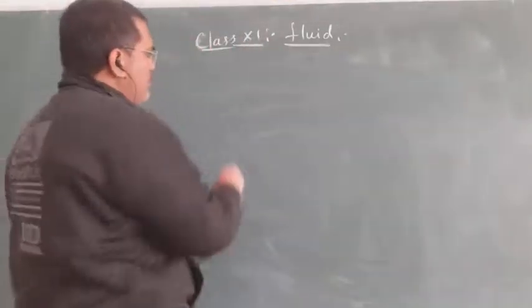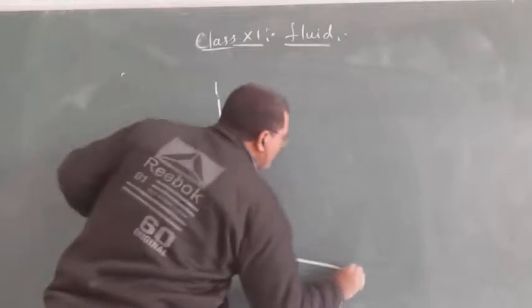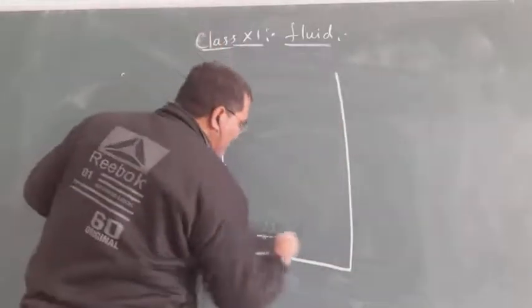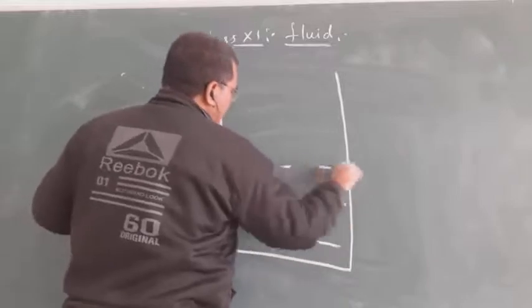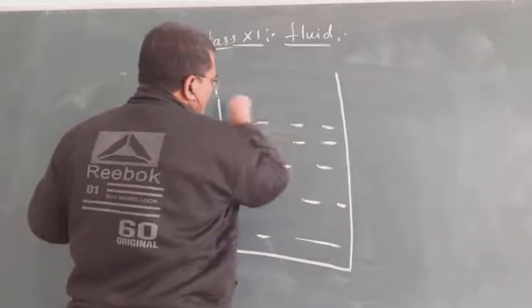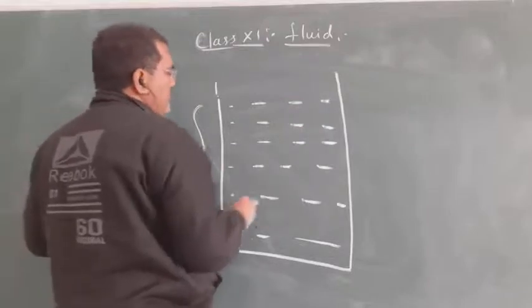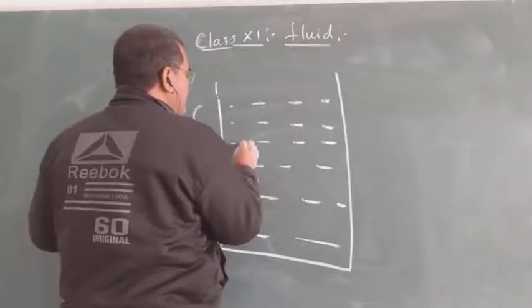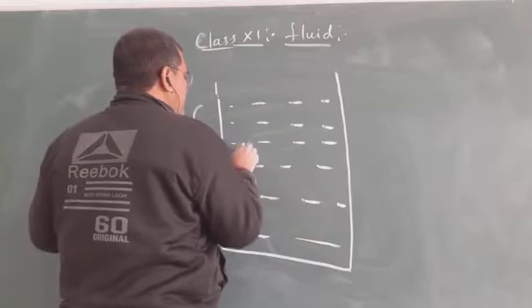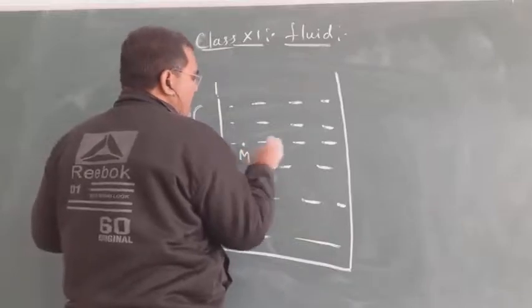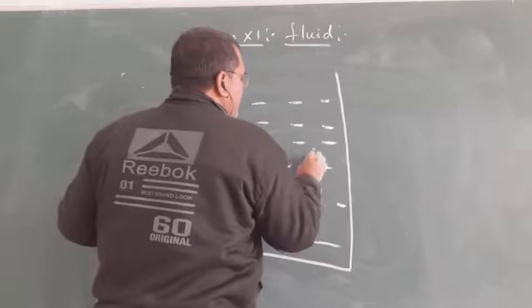This is the container, filled up to height h, and consider a point: this one is M and this one is N.